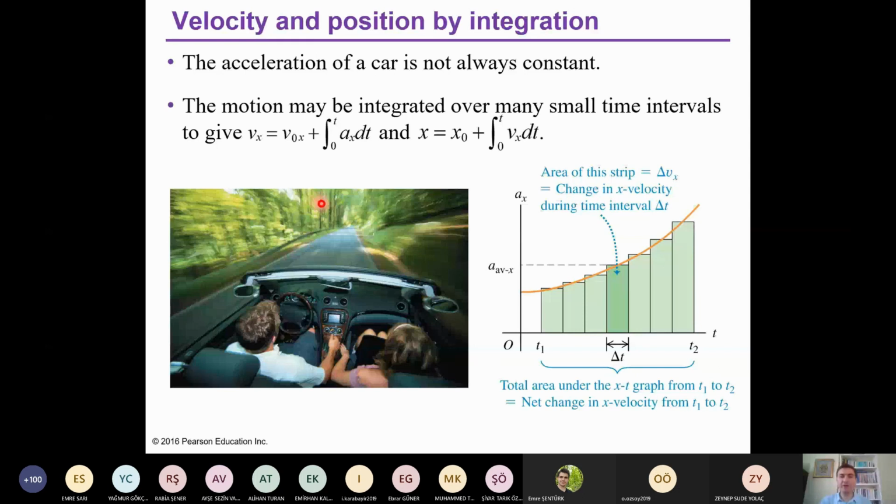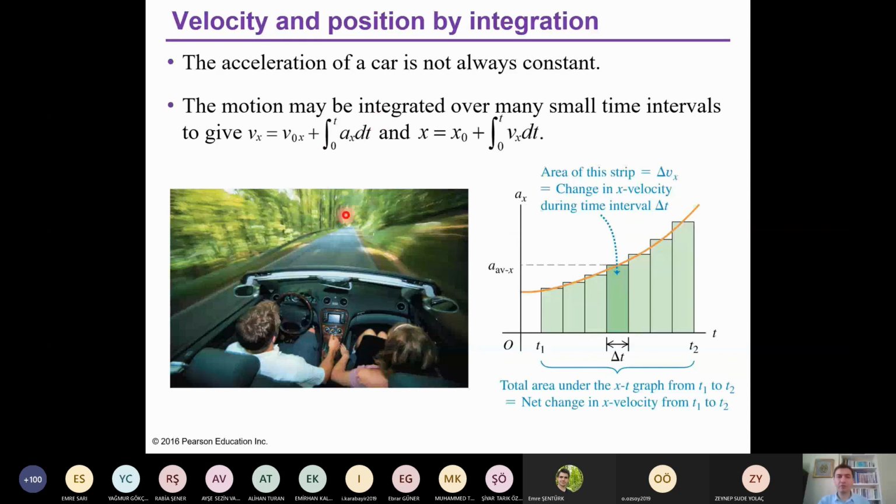So in order to calculate the final velocity of this car, you have to use this equation. What do you see here? The initial velocity of the car when the time is 0, plus the integral from time 0 to time t of acceleration, a dt. So what is the meaning of this? Acceleration changes as a function of time, and we take all the accelerations for different times, okay? This is the integral.